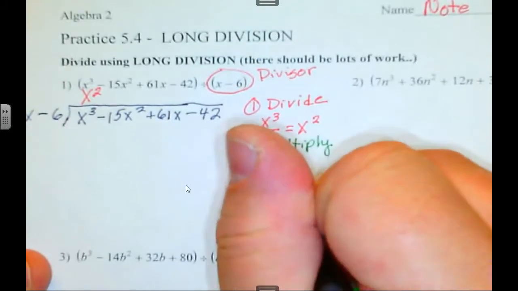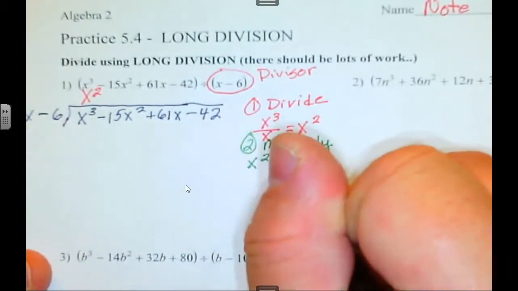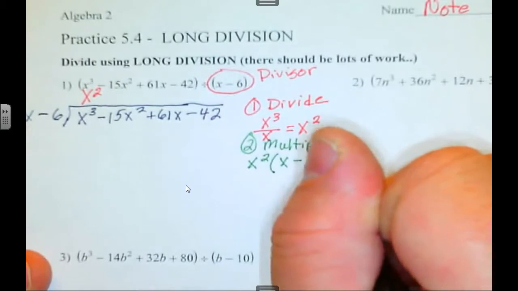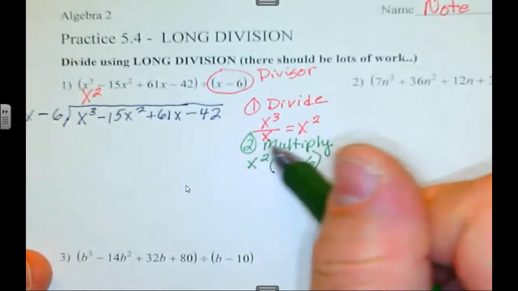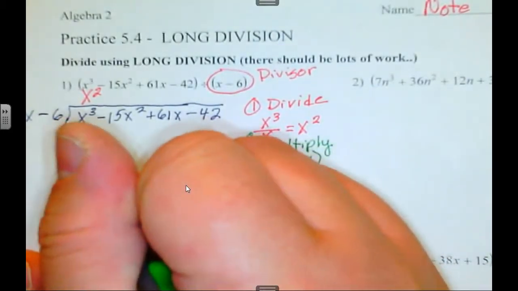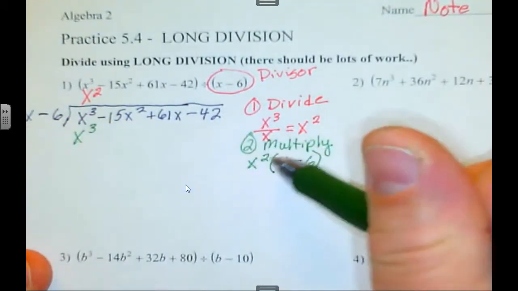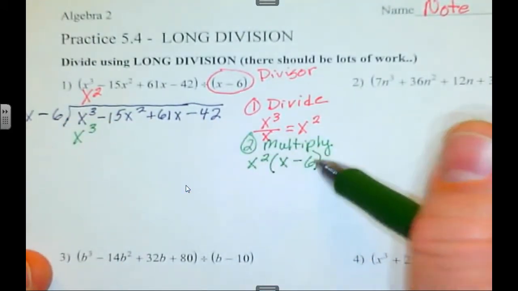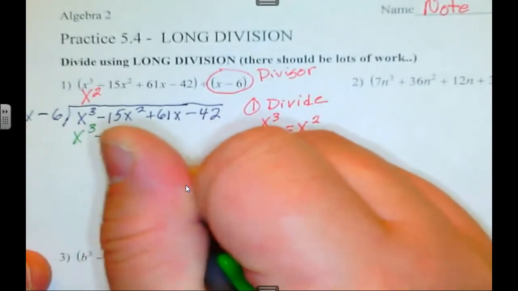Okay, so I'm going to take x squared, multiply to the divisor, x minus 6. See, x squared times x is x cubed. X squared times minus 6 is minus 6x squared.